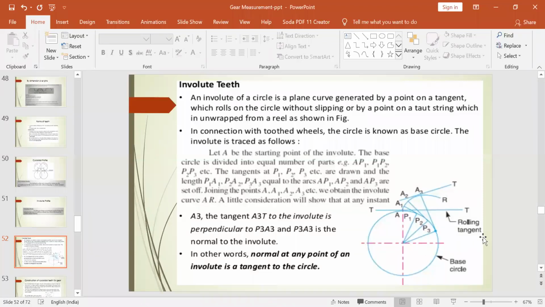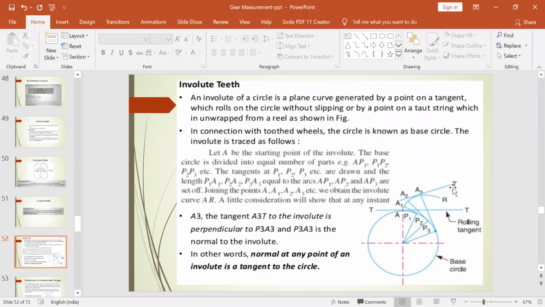How it is rotating, you will get the required aspects of the segment as well as the normal part. When you trace this out, you will get the required involute profile. And also the tangent T to the involute is perpendicular to P3 A3.